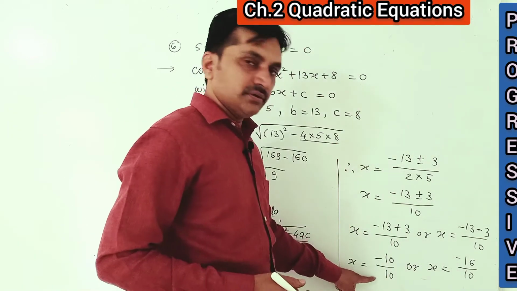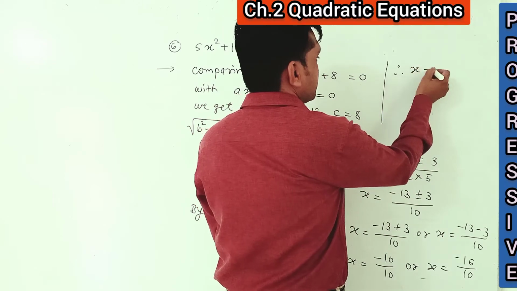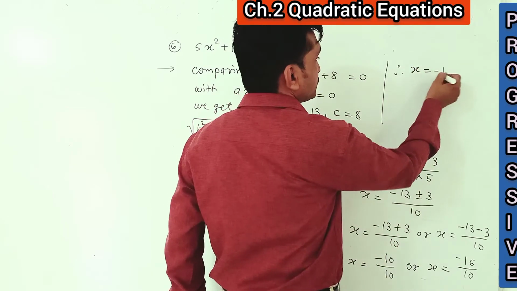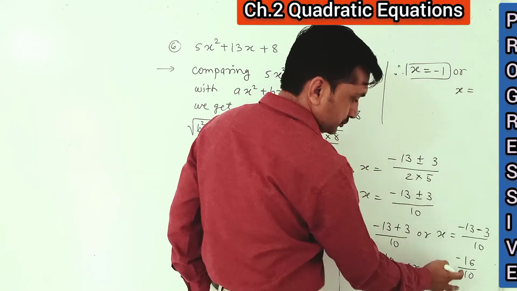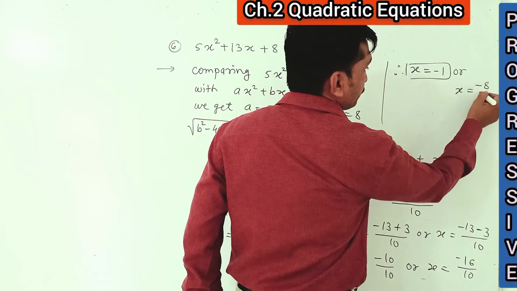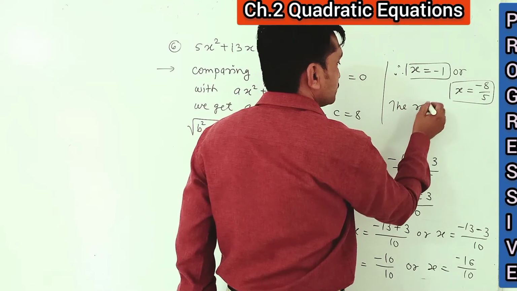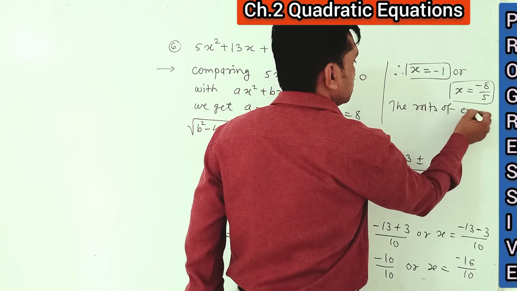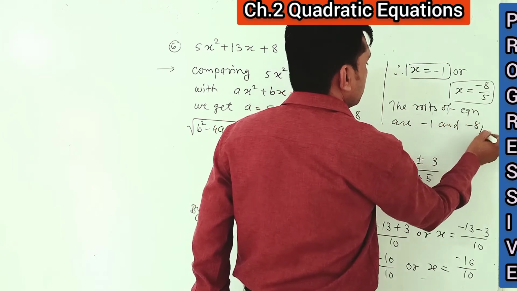Now if we reduce here, we get x is equal to minus 1, or x is equal to minus 8 upon 5. Therefore the roots of equation are minus 1 and minus 8 by 5.